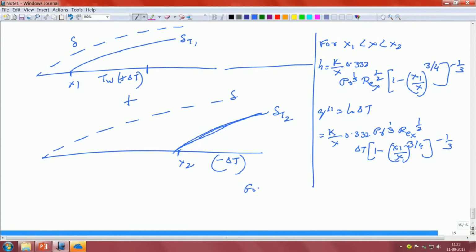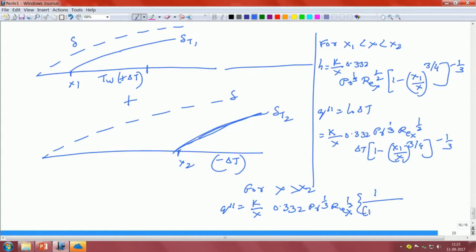For x greater than x2, your q double prime becomes k by x times 0.332, again Prandtl number to the 1/3, Reynolds number to the half. Now it becomes a little bit more complicated, because now you have the effect of the previous one as well as this minus delta T effect.